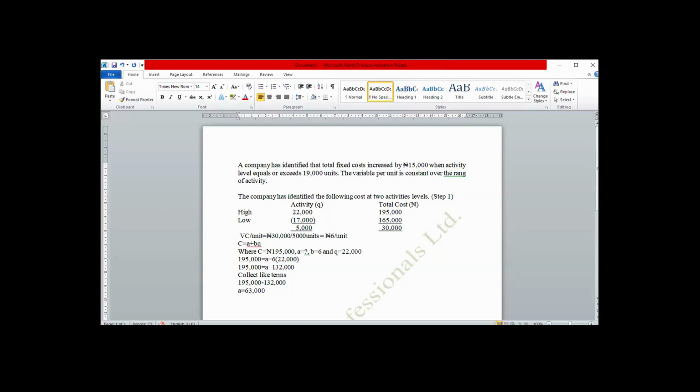Now, let's assume that an increment equals or exceeds 19. If there is an increase in quantity, we're told that there is going to be an increase in the fixed cost by 15,000. Is it that we use precisely 19,000 as the figure?